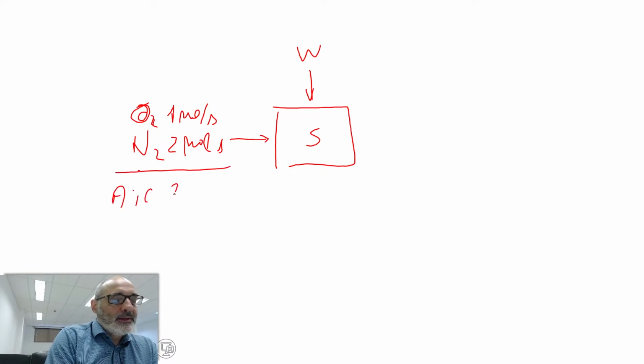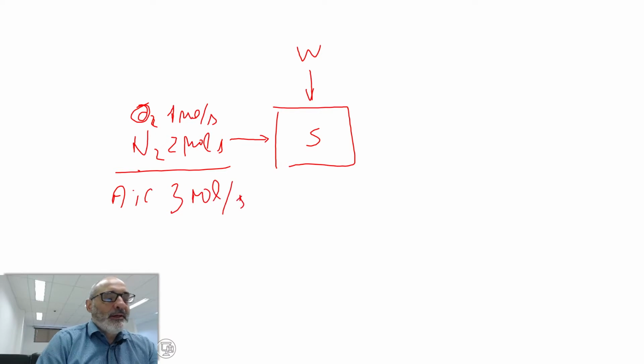So air is 3 moles per second. So this is input. And this is the exit where I want my product of interest. So I can have here, for instance, all oxygen. I can have it here.